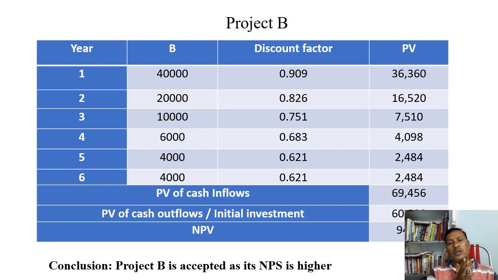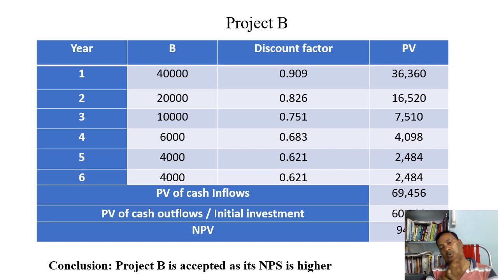Second year 20,000 you receive, but the discount factor is 0.826, so it becomes 16,520. Similarly, third year 10,000 into 0.751, 7,510. Fourth year 6,000 into 0.683, that is 4,098. Fifth year 4,000 into 0.621, 2,484.